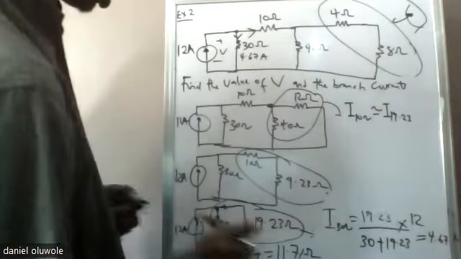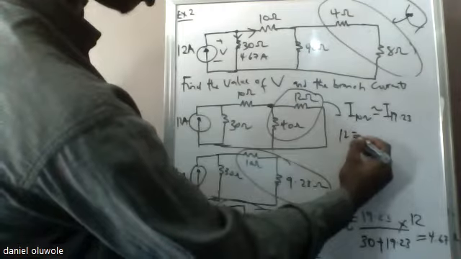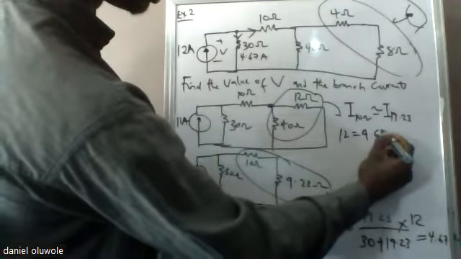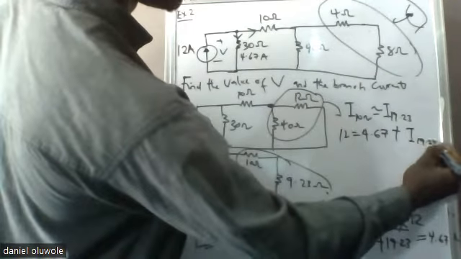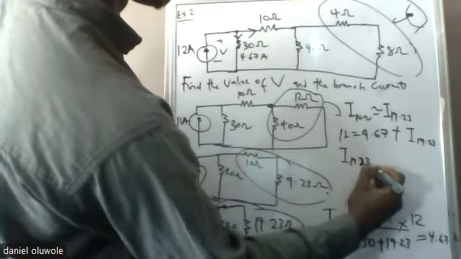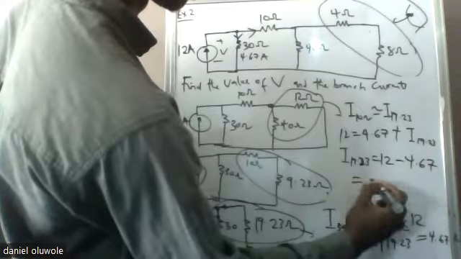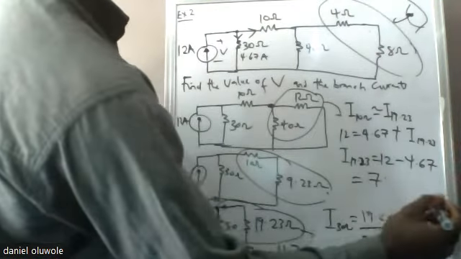Since we know 12 came here, 12 is equal to the sum of 4.67 plus the I of 19.23. So I of 19.23 is equal to 12 minus 4.67. And that's 7 point what?